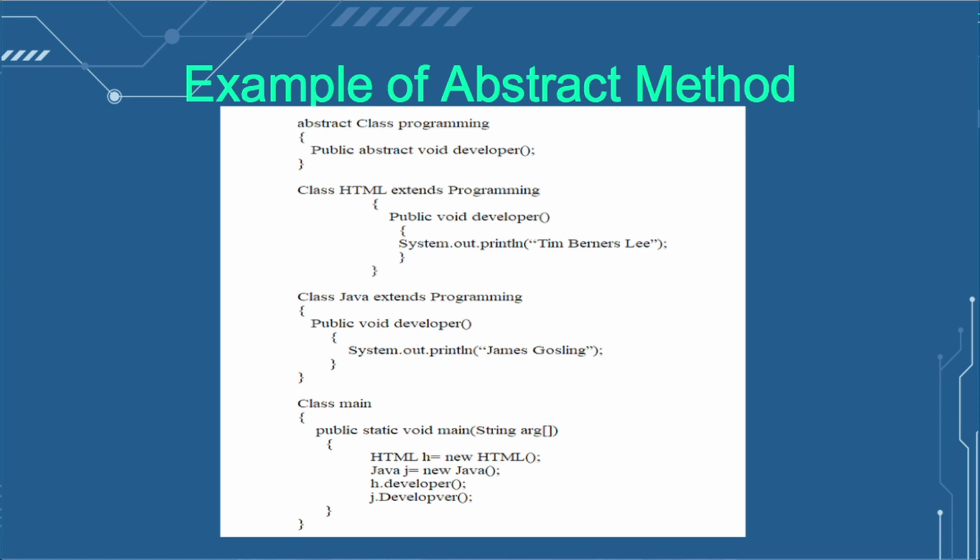It will print the developer name of Java. And we have also created a main class, that is Main, and created the object of HTML and Java class and call the method through the object of the class. So this is about the abstract method.